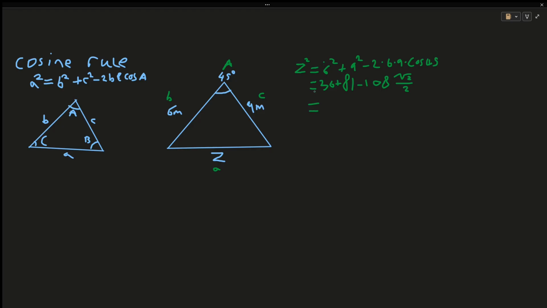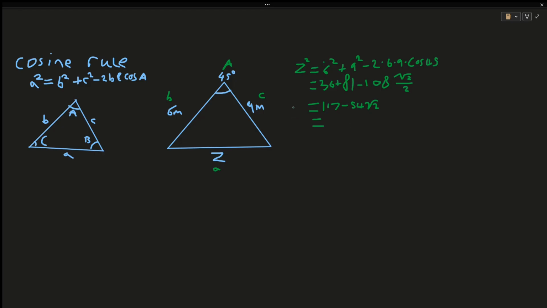So 36 plus 81 is 117, and 108 divided by 2 is 54, so 117 minus 54 root 2. And going straight to the solution, plug it into a calculator. 117 minus 54 root 2 is 40.6324673.